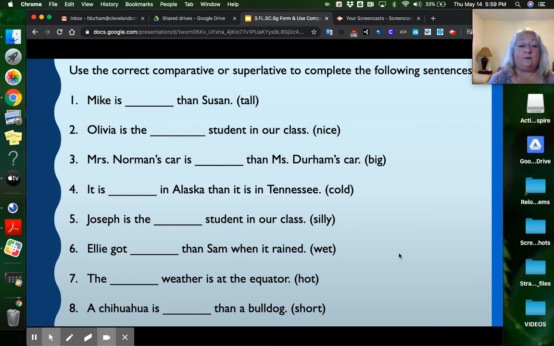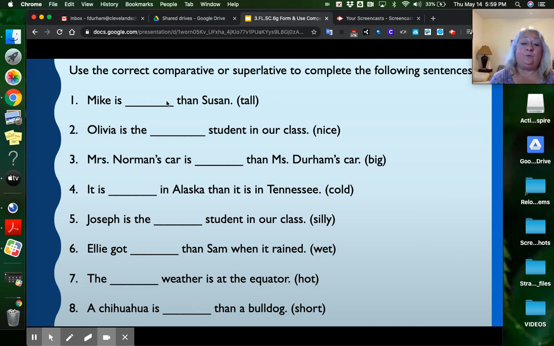In this slide, you are going to use the correct comparative or superlative adjective to complete the following sentences. Your choice of words is at the end of each sentence. So would we say Mike is taller than Susan, or would we say Mike is tallest than Susan? That's right. We would say Mike is taller.